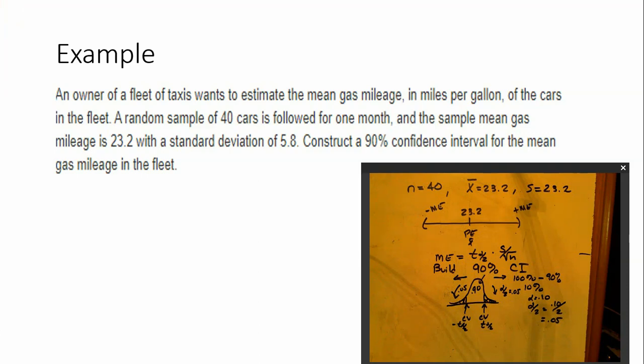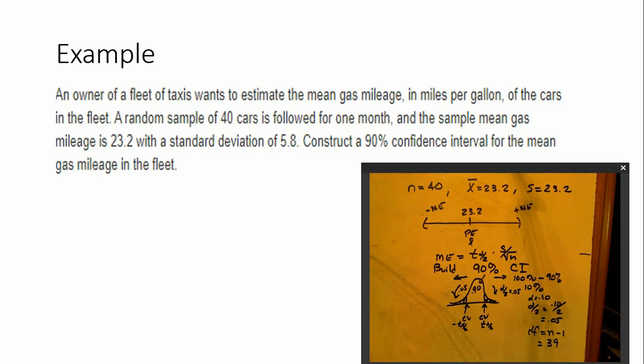Calculate, menu, let me go into my calculator. I want to grab it from my calculator. Distributions. My inverse t. So my inverse t is going to be based on 0.05. My degrees of freedom for this thing is my n minus 1, which is just my 39.